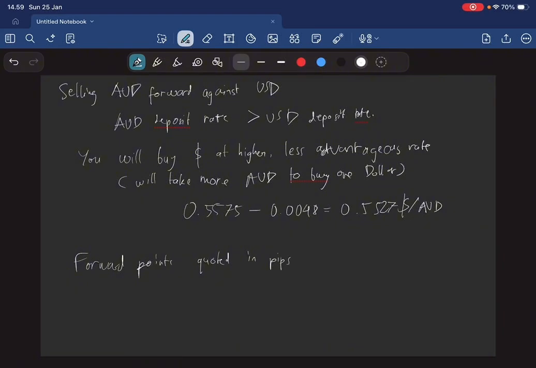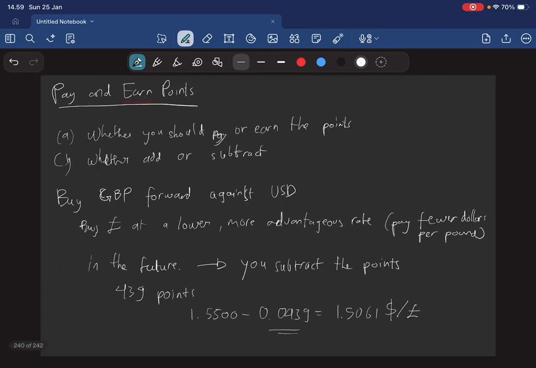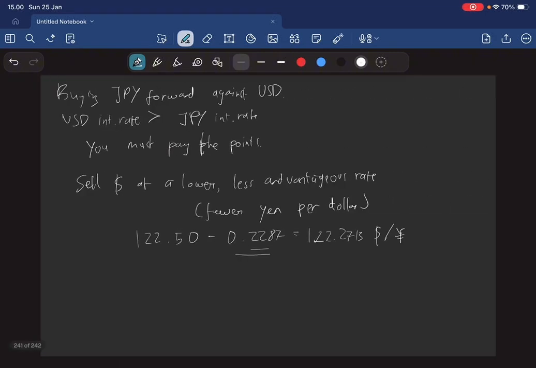A pip is the last decimal point in a price. For currencies such as sterling, which is quoted out to 4 decimal places, a pip is equal to 0.0001. Yet for currencies such as Japanese yen, which is quoted out to 2 decimal places, a pip is equal to 0.01.